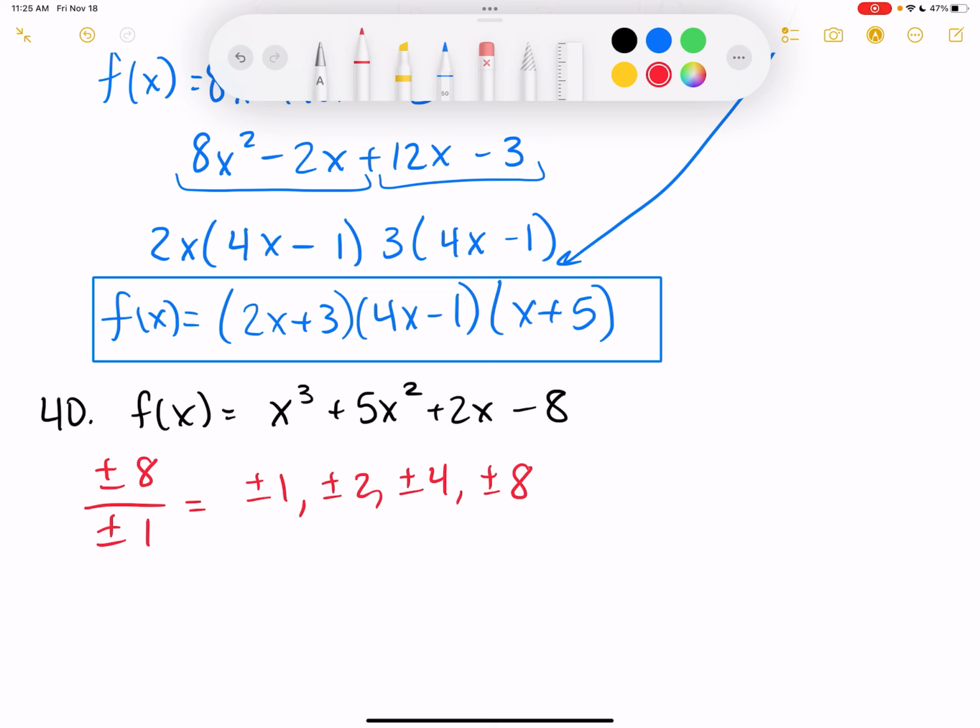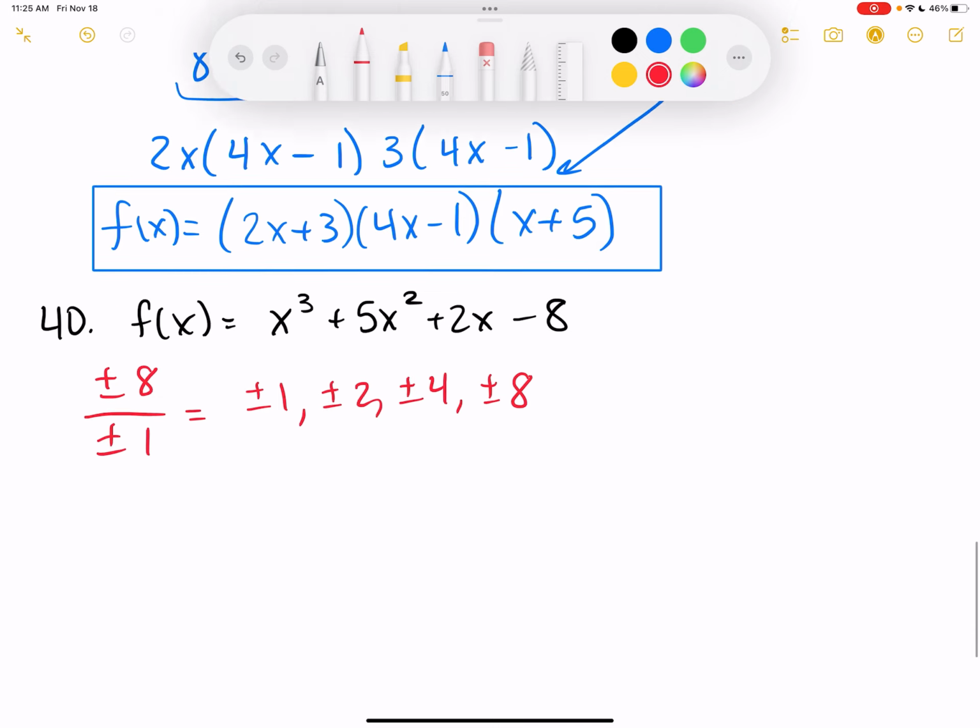I don't do every single one because I've had several that have had like 20 of these. Graph it on the calculator and guess. I need to find mine.